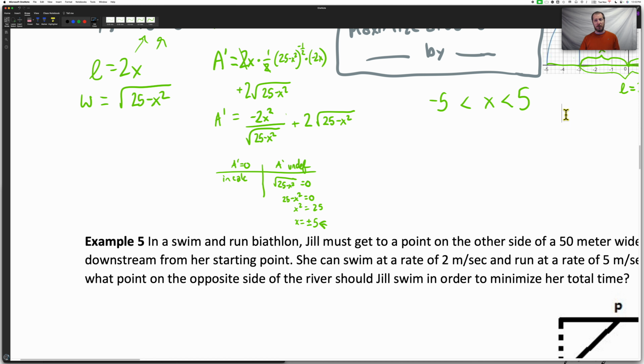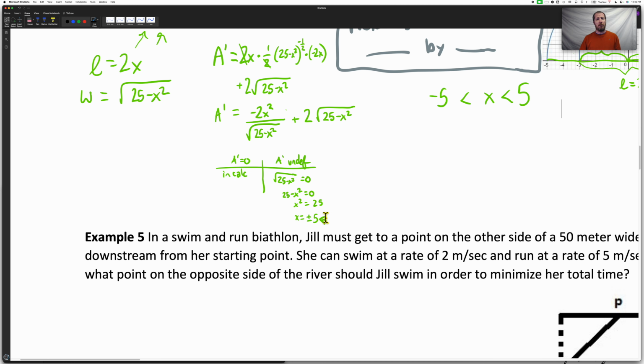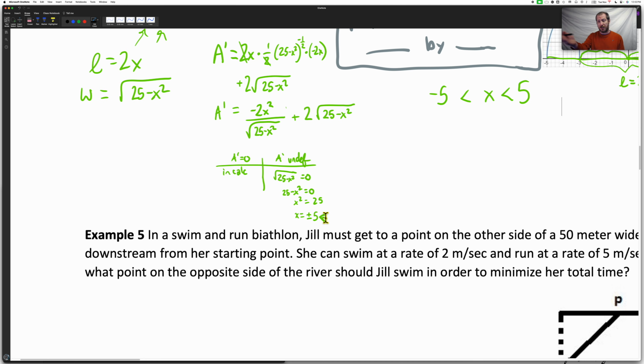Since those two endpoints aren't included, that didn't give us anything extra. What we should also do, since this is a square root, is consider that whatever's under the square root, 25 minus x squared, can't be negative either.